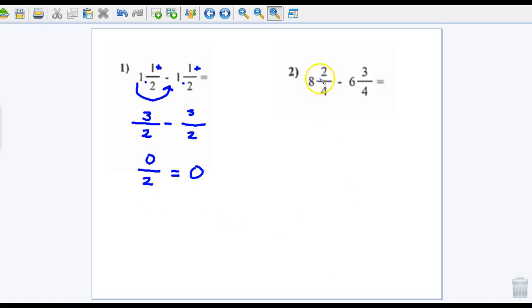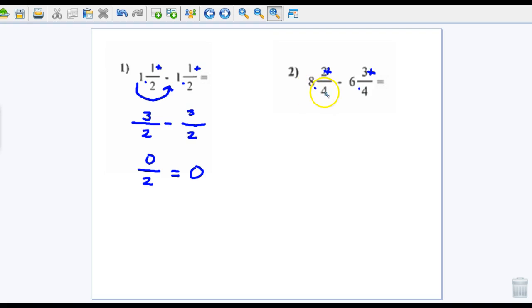Okay, so let's do the next one. You might need your multiplication chart for the next one, or a calculator. So I'm going to do the same thing, and I'm going to multiply my whole number times my denominator, so 8 times 4, and then I'm going to add my numerator. And I'm going to do the same thing on this other side, 6 times 4, and then I'm going to add my numerator.